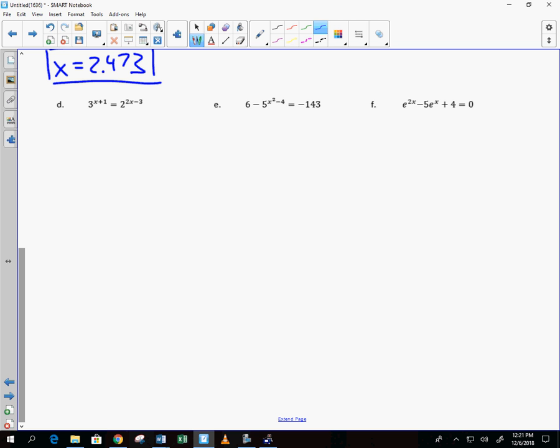Willie, do you want to get rid of the 3 or the 2? You want to get rid of the 3. So what do you want to do to both sides? Log base 3. So Willie says, let's do log base 3 of 3 to the x plus 1. And then he has this internal struggle.